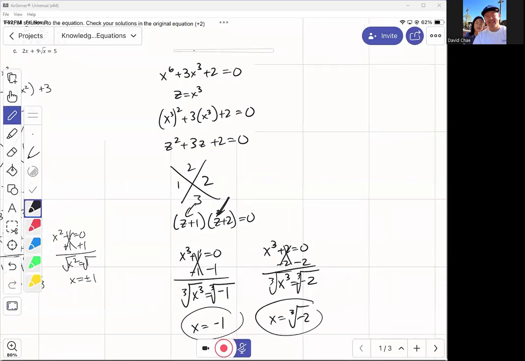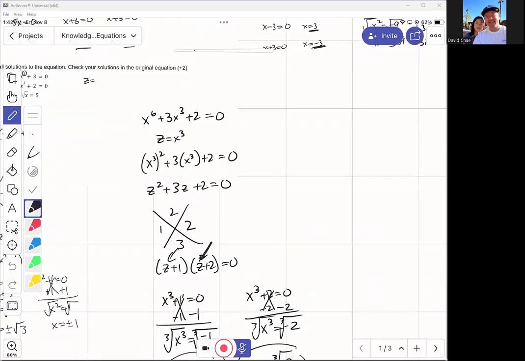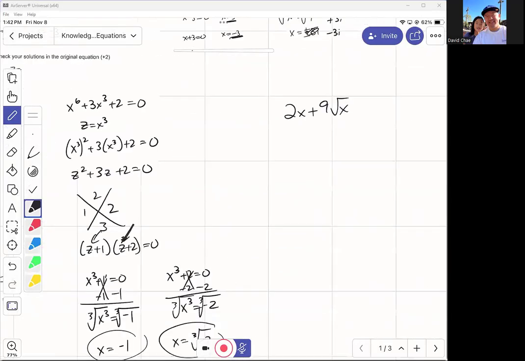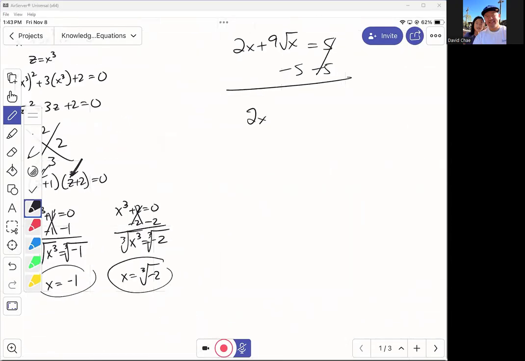All right, and letter C is 2x plus 9 radical x equals 5. You subtract the 5 first, right? And then it becomes 2x plus 9 radical x minus 5 is equal to 0.